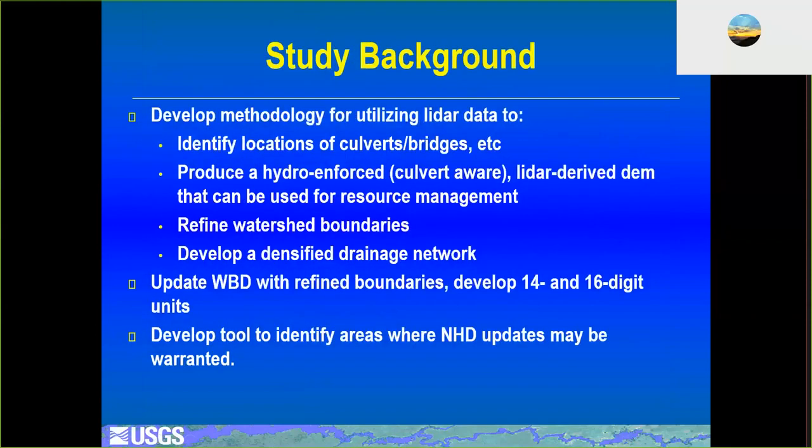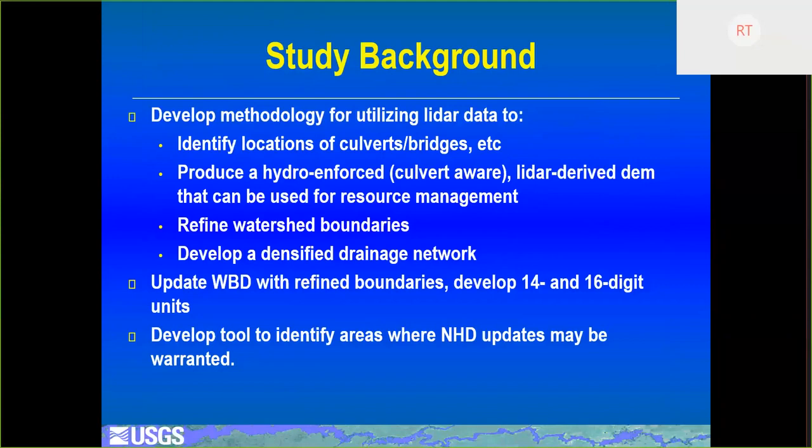So the gist of it was that we needed to identify a way to have a standard methodology for utilizing the LIDAR data that we already had in place in South Dakota. We didn't have a complete culvert inventory, so we needed to identify locations where the culverts were and then hydro-enforce them to get a culvert-aware LIDAR-based DEM that could be used for resource management.